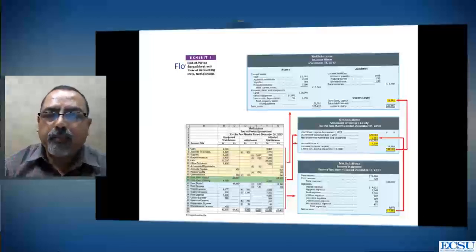So then what we do is we prepare a balance sheet. While preparing a balance sheet, we'll be preparing a classified balance sheet in this chapter, slightly different from what we have learned in chapter number 1. In a classified balance sheet, we are going to bifurcate current assets and long-term assets.